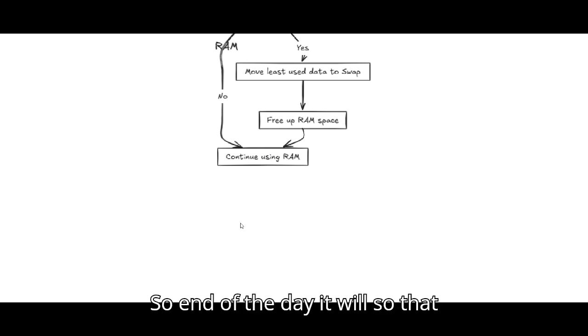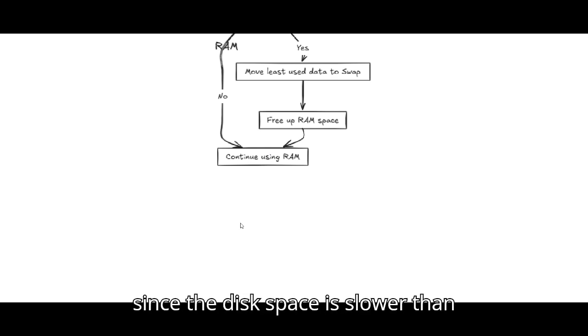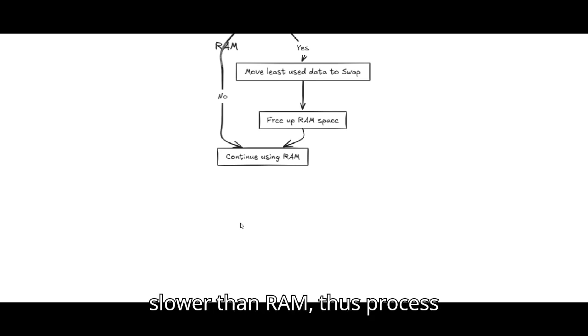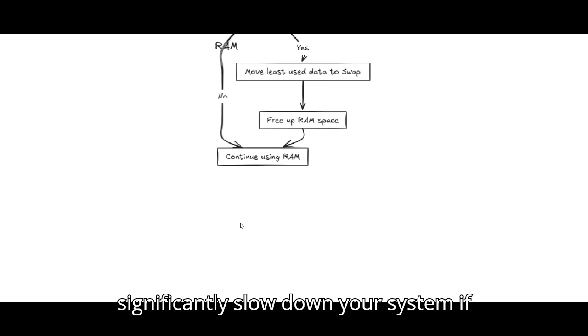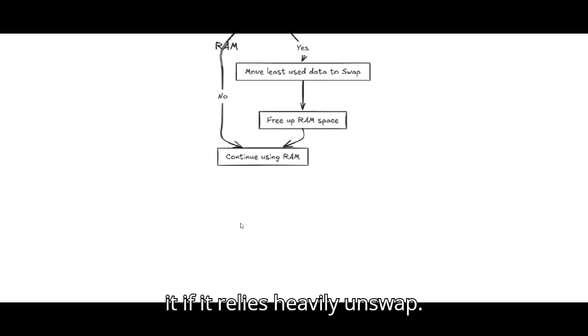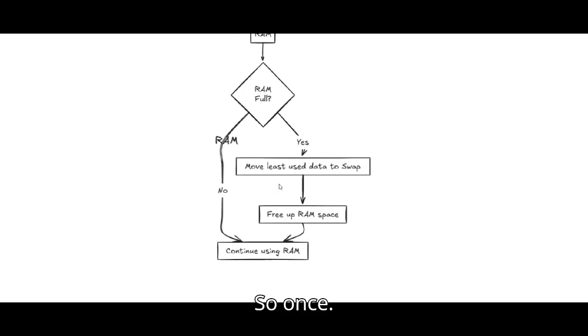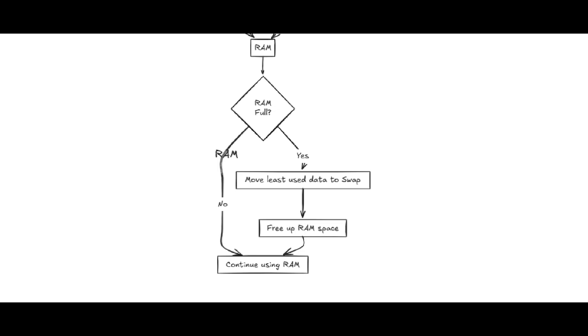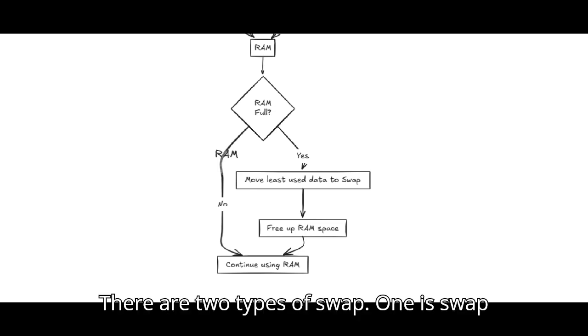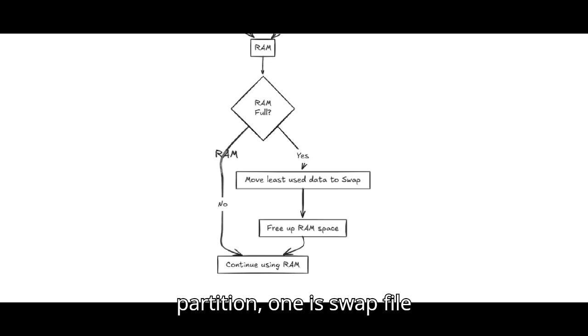Since disk space is slower than RAM, the process can significantly slow down your system if it relies heavily on swap. There are two types of swap: one is a swap partition, one is a swap file.